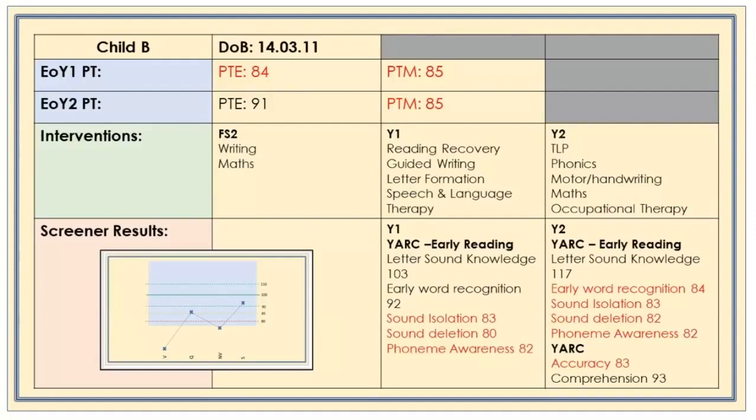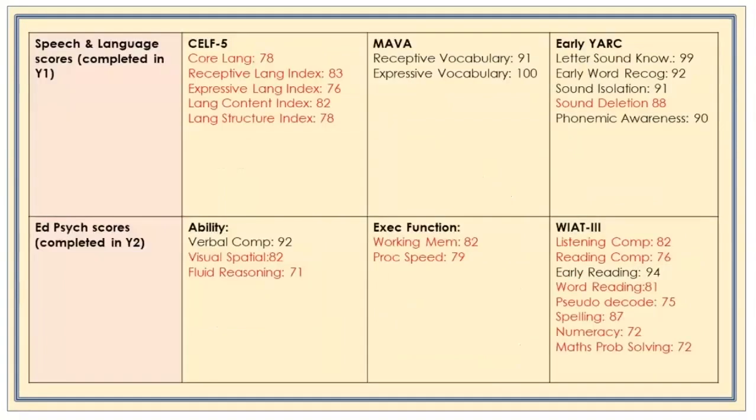We completed assessments in year 1 and in year 2, and ultimately that led to a decision for the family to pursue an external assessment. And in fact, we had 2 external assessments for this child, both a speech and language assessment, which was completed in year 1, and then further to that, an educational psychology assessment completed in year 2.